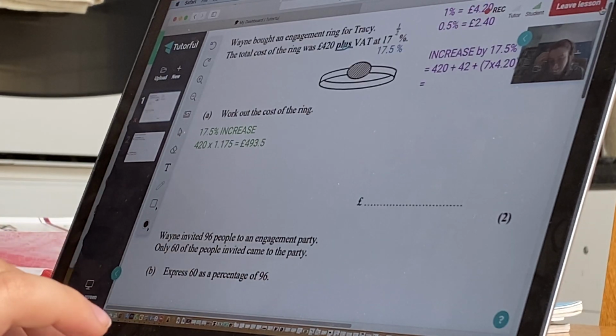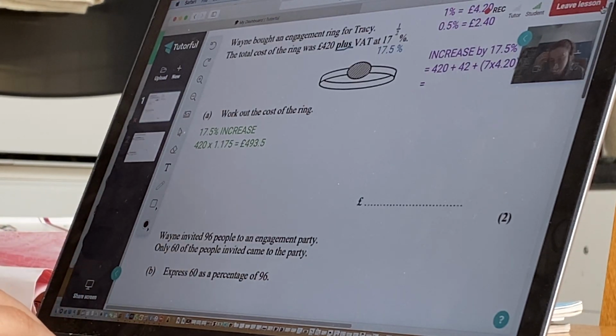If there wasn't so many words, it might say something like, what is £420 increased by 17.5%? That's what this one's asking. There isn't a percentage change question here.